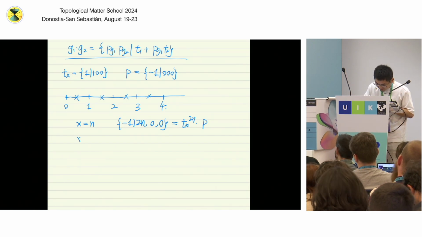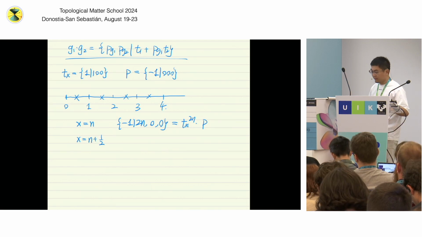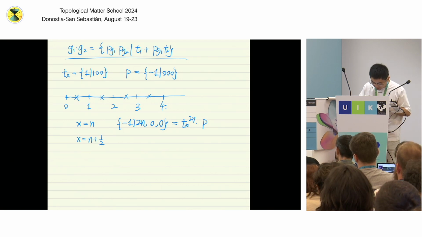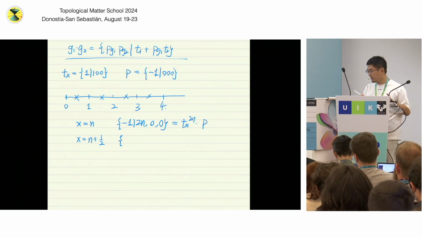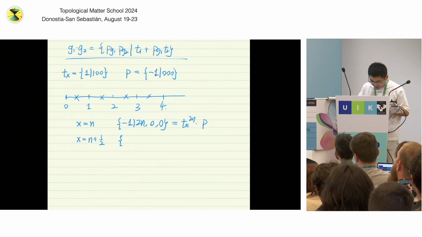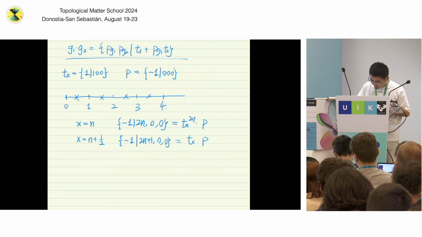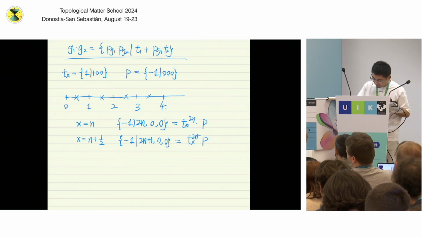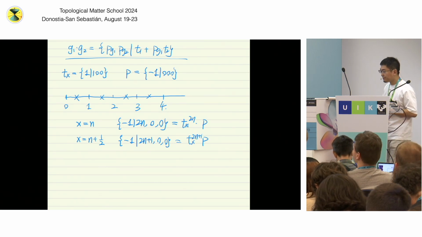The other set of high symmetry points is the half integer positions. It's easy to verify that all these half integer positions are invariant under operations like this. Basically, it's inversion followed by Tx to an odd number, right?